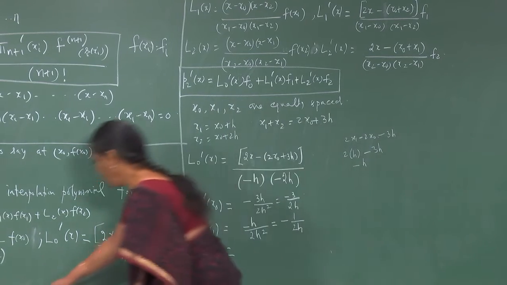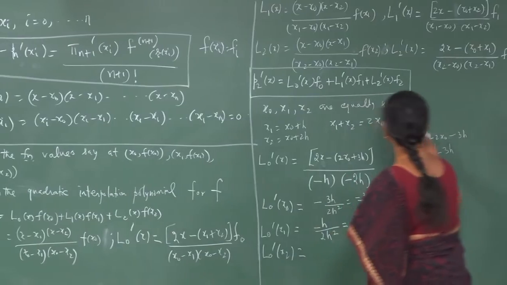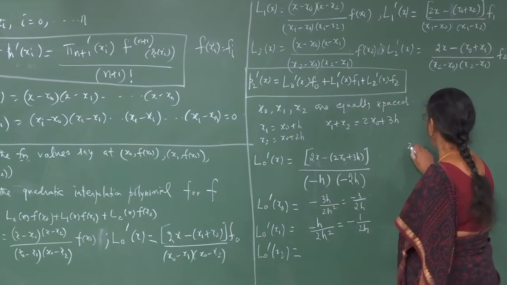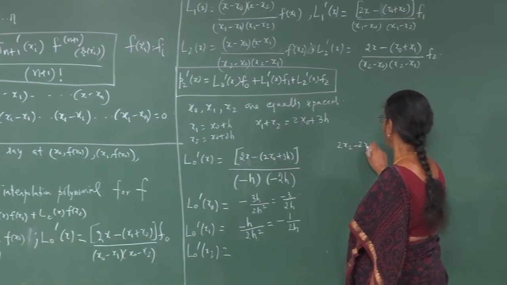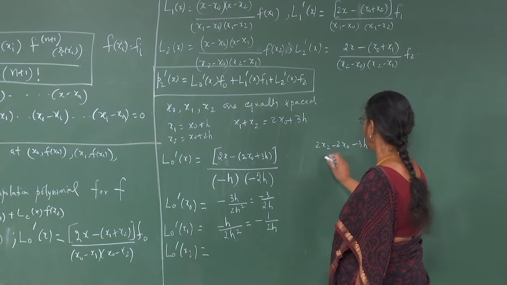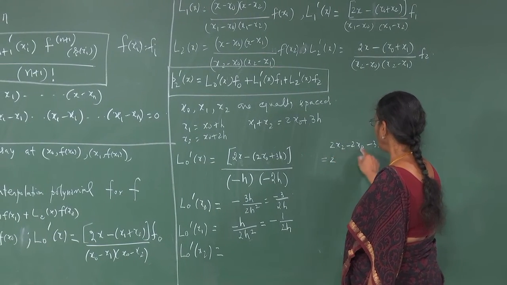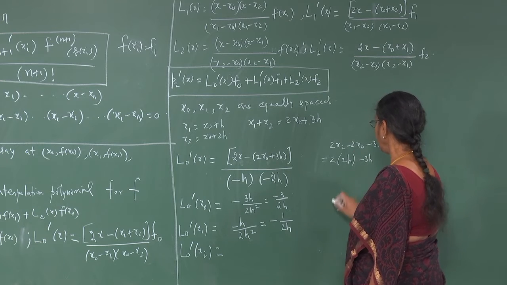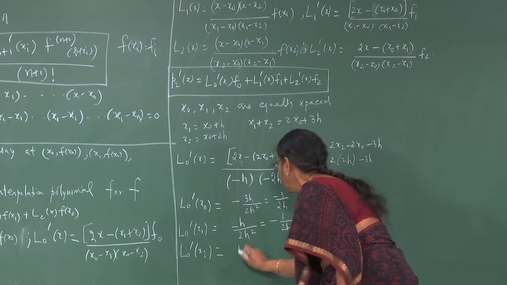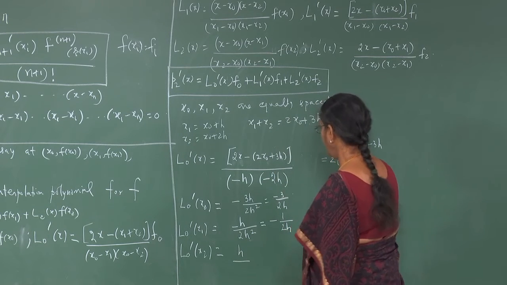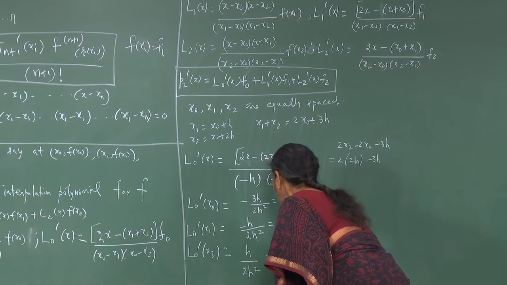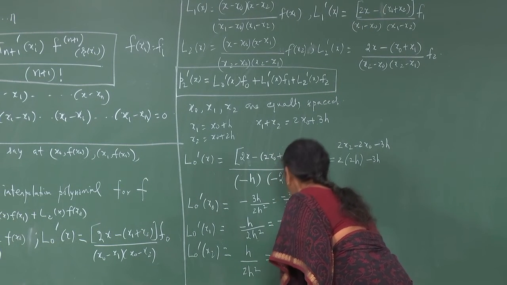So, let us now compute L0 dashed at x2. That will give you 2x2 minus 2x0 minus 3h, so it is 2 into (x2 minus x0), which is 2h, minus 3h. So, the numerator will be h, the denominator is 2h square, and so that will give you 1 by 2h.